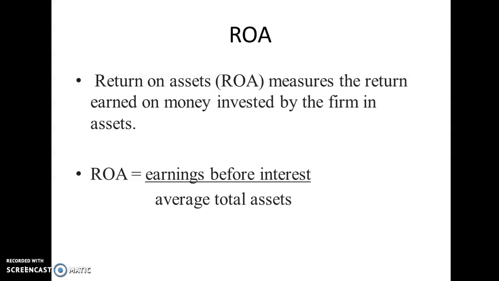In other words, it measures how efficiently a company can utilize its assets to produce profits. The formula for ROA is earnings before interest divided by average total assets. The higher the ROA ratio, the better for the company.